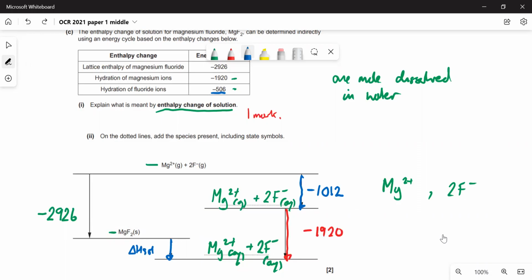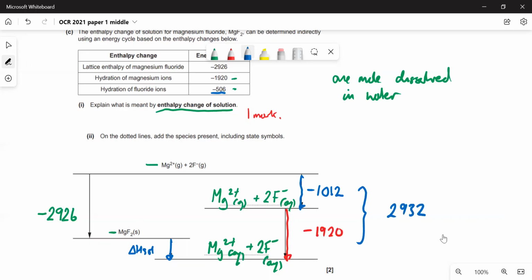So what we've got to do, if we just add up those two together, what do we get as a value there? We get, I'm not going to worry about the sign, I'll tell you why in a minute, 2932.